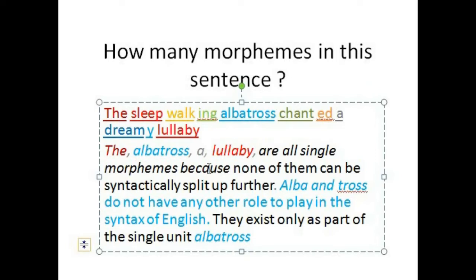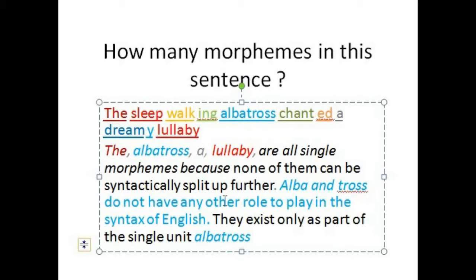further. So we wouldn't be able to, for example, split the word sleep. We wouldn't be able to say s and leep, or th and e, okay? But it can be applied on other words like chant, ed, okay? Let's see what we have. We have albatross.